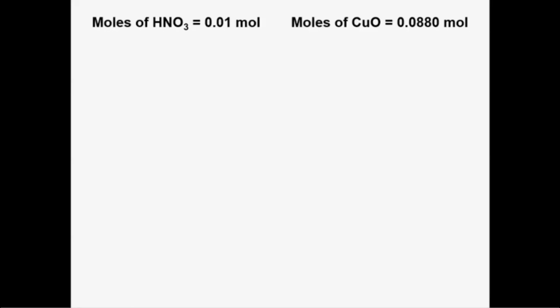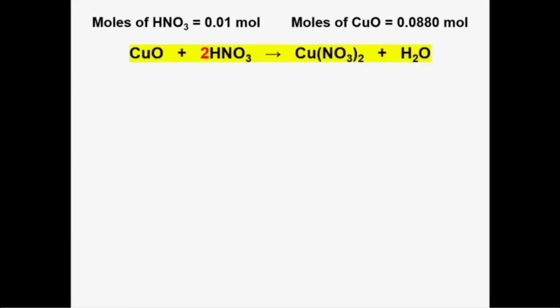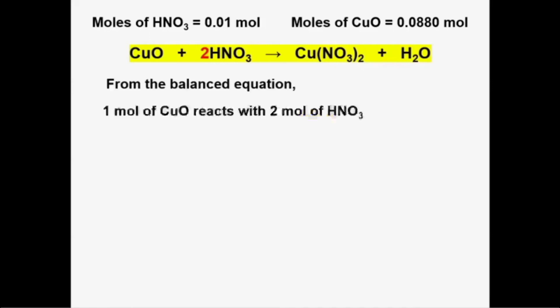Next, we are going to determine which one of these 2 will become the limiting reactant and which one is the excess reactant. Based on the balanced equation from what we did in question A, I'm going to start with copper oxide.